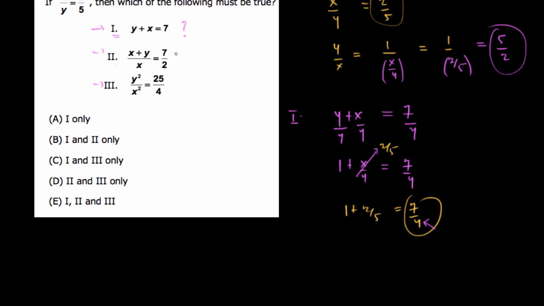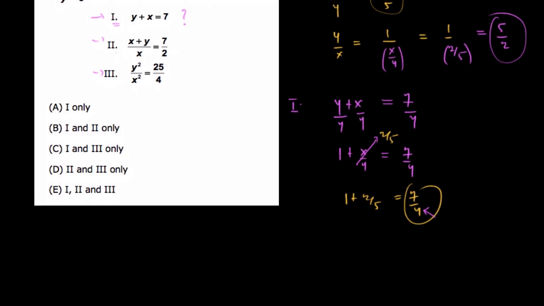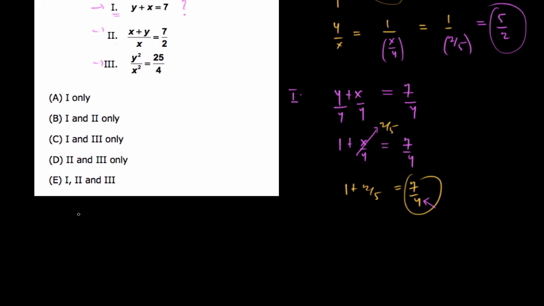Alright, let's go to the next one. For the next one, x plus y divided by x, are we going to get 7/2? I want to see if the claim is true. Now I can break this down, because this x is affecting both terms.